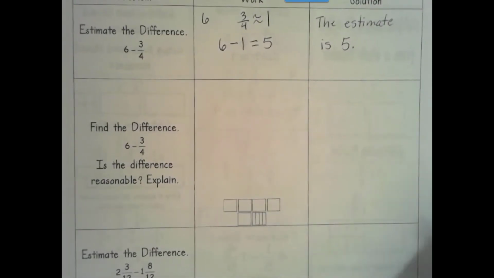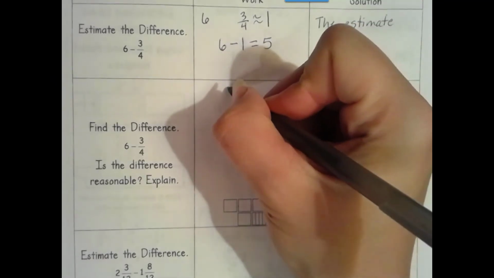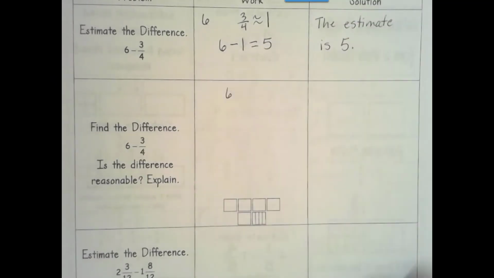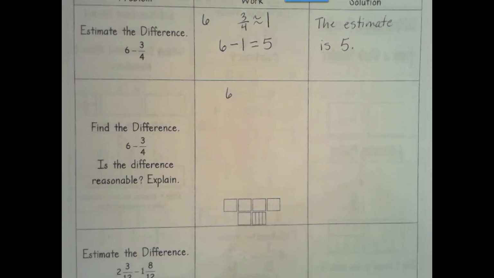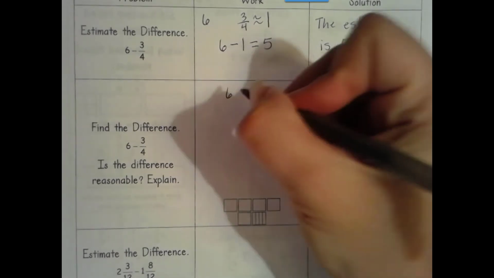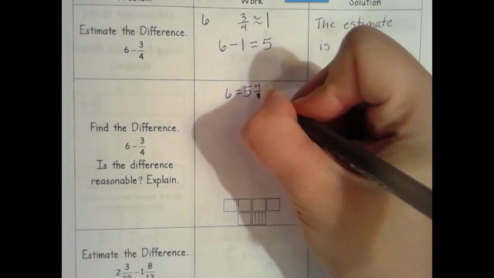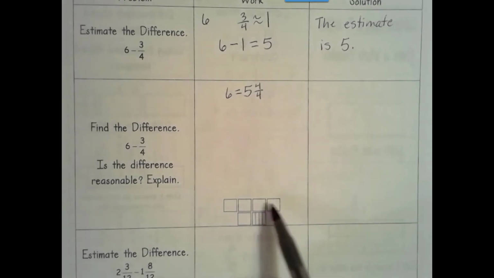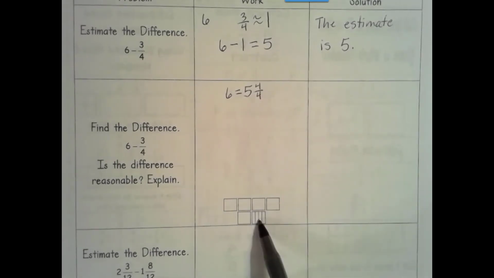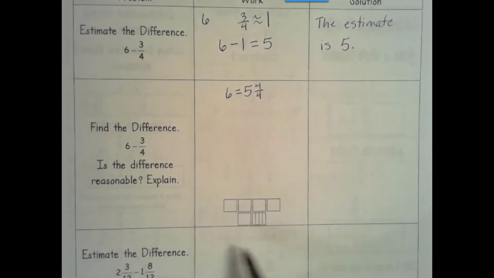Alright, so here I'm going to take 6 and just 6 I can't take away 3/4. So I'm going to rename it as 5 and 4/4. 1, 2, 3, 4, 5 and 4/4. It's still 6.